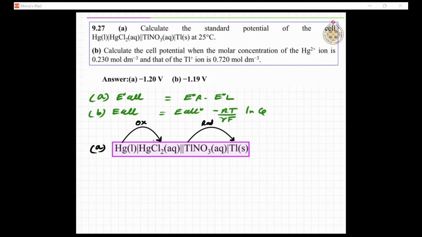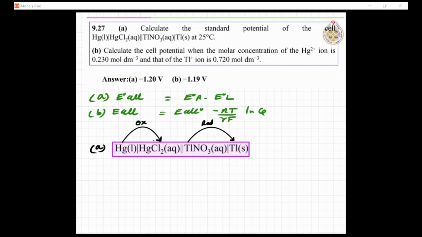Now we have to write the two reduction half reactions. When we go to write them, we have to make sure that we are using the table properly. Something important we notice when we read the table is that sometimes we find a whole reaction, and sometimes we only find the redox couple.